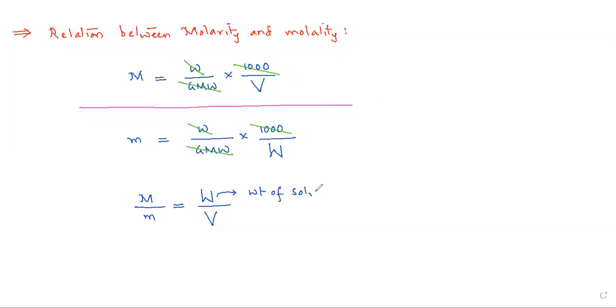Now capital W is the weight of the solvent, right? See, weight of the solvent is nothing but weight of solution minus weight of solute. Now this weight of solution can be given as volume of the solution multiplied by density of the solution.